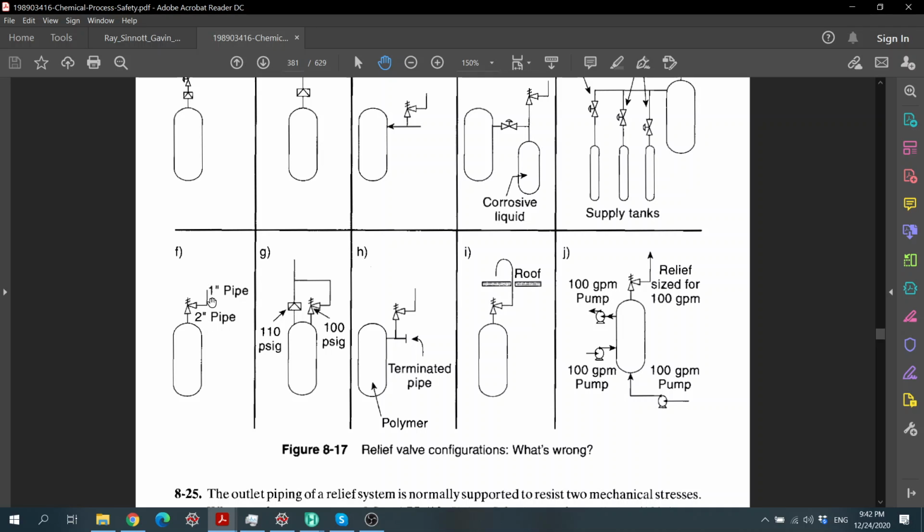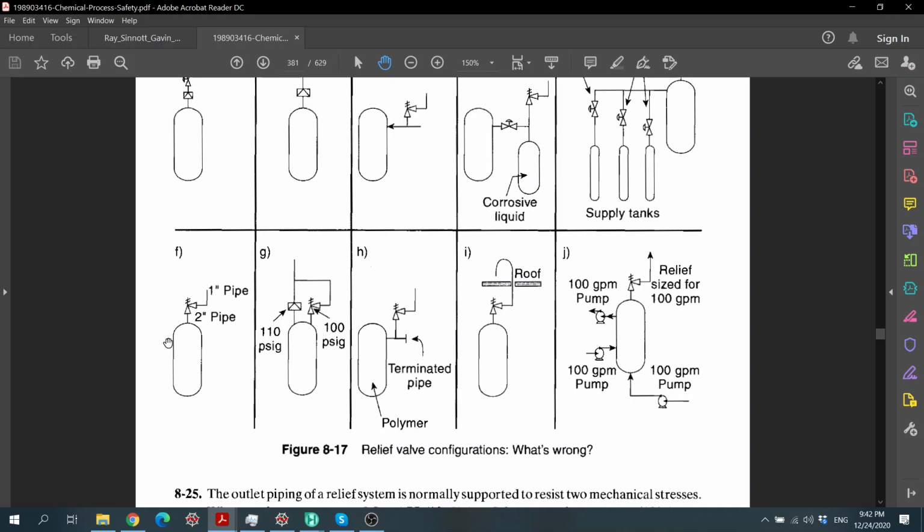Because it has a lower pressure, the density is going to be low. If the density is low, then for the same mass flow rate that we have to release, the volumetric flow rate is going to be much larger. So to accommodate that larger volumetric flow rate, we have to size this pipe larger than the inlet. Hence, we will see that the flow is going to be very smooth.